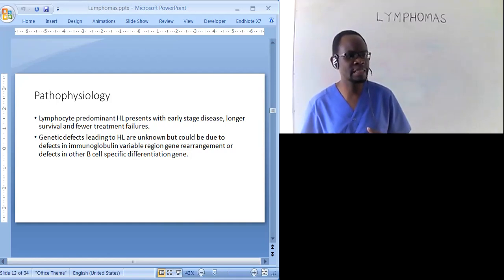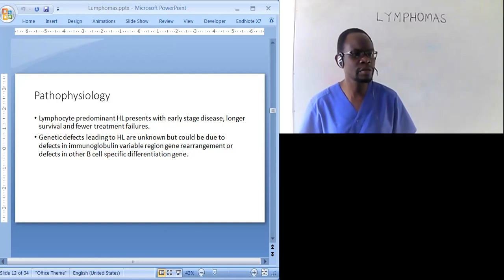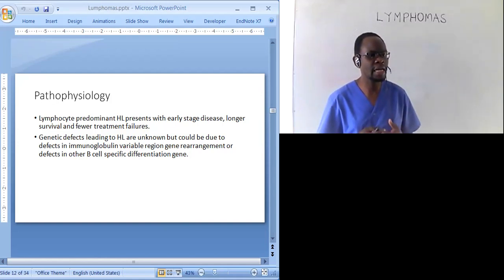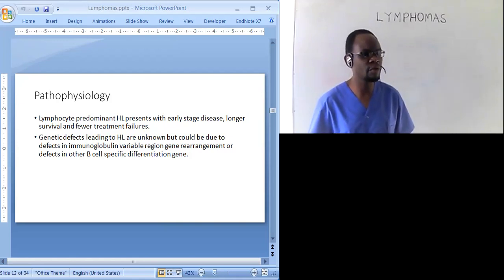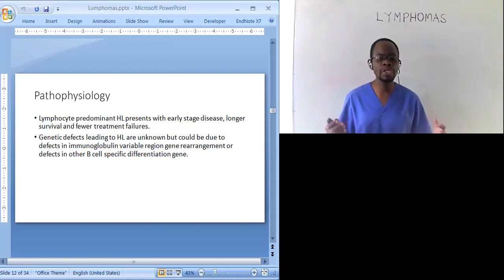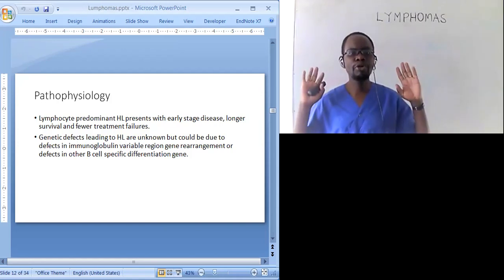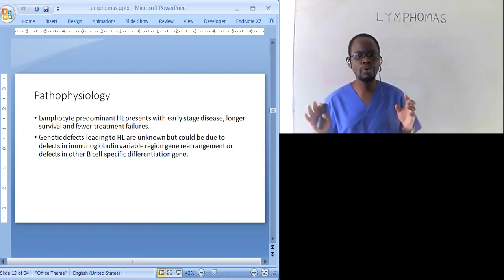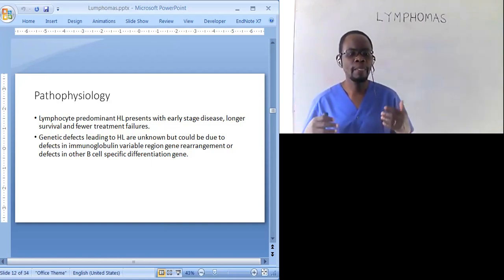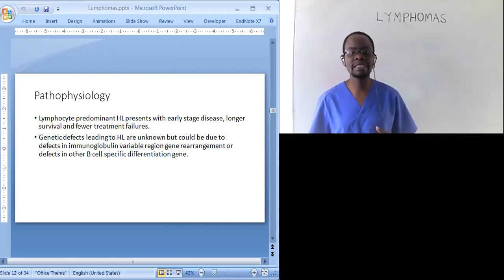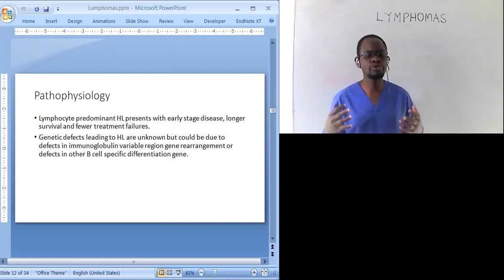Lymphocytes are the predominant cells, and usually present with early stage disease, longer survival and fewer treatment failures. So usually with Hodgkin's lymphoma, the prognosis is quite good. They really respond well to treatment.